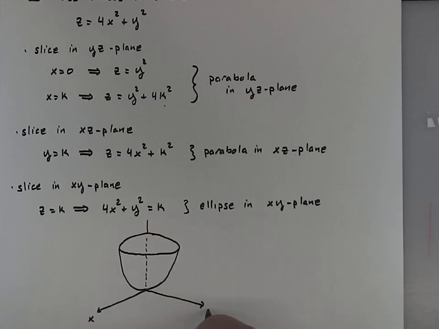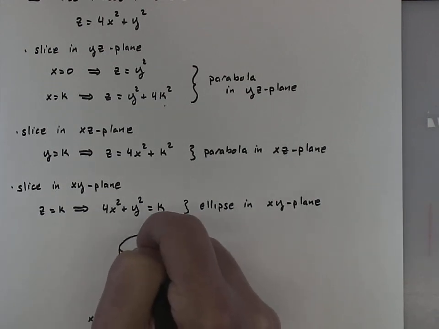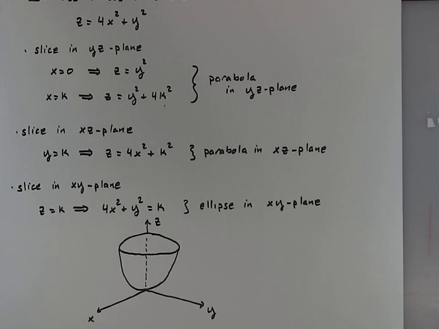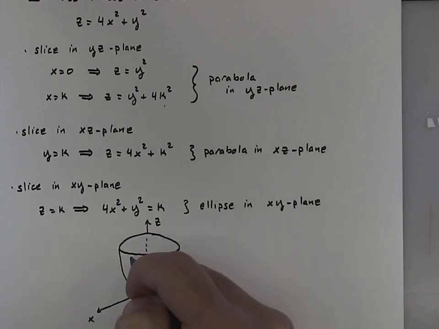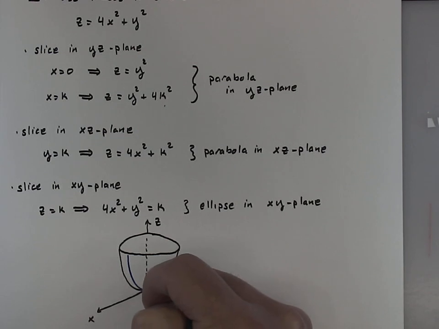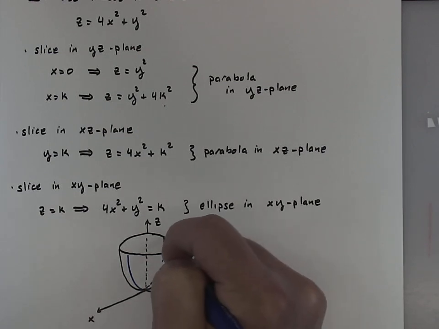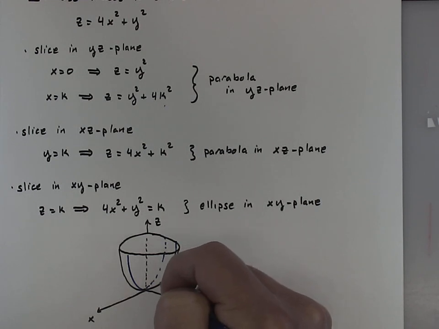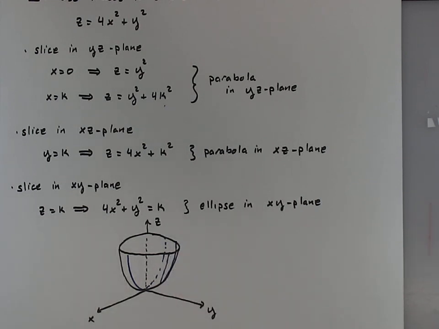So here's x, here's y, here's z. Here's a parabola. And then here's a parabola.